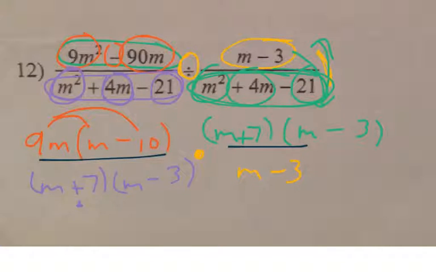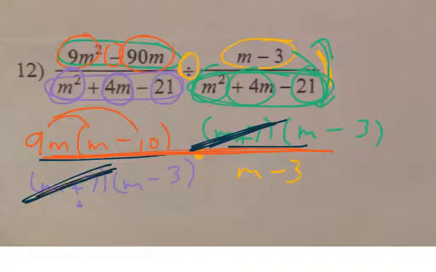Remember with times, guys, everything just goes straight across here, right? So anything in the numerator divides by 1 or into 1 if I divide by the same thing in the denominator. So notice, isn't, for example, m plus 7 divided by m plus 7, 1? Isn't m minus 3 divided by m minus 3, 1?